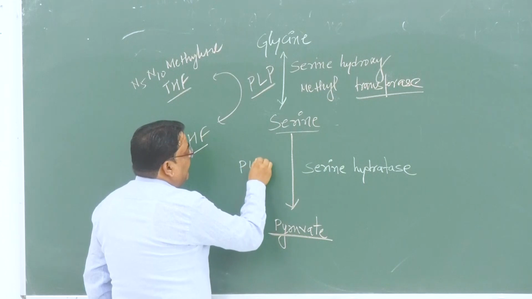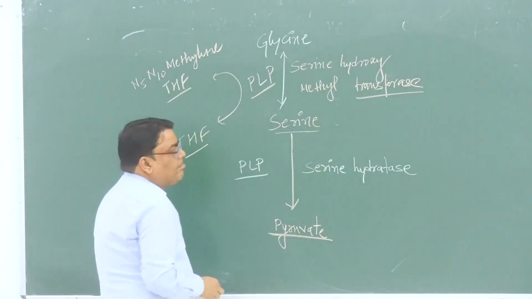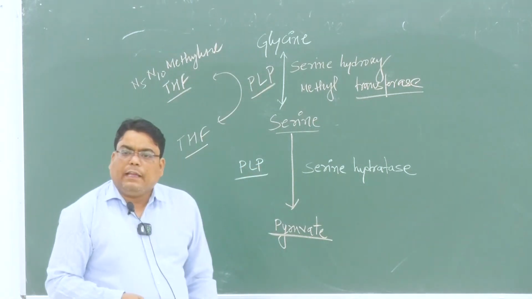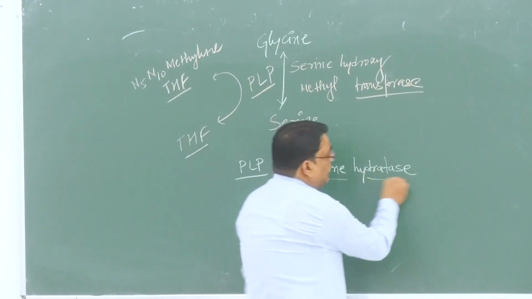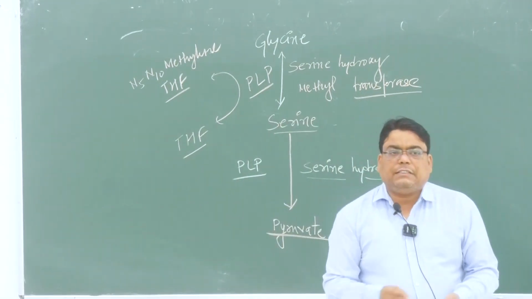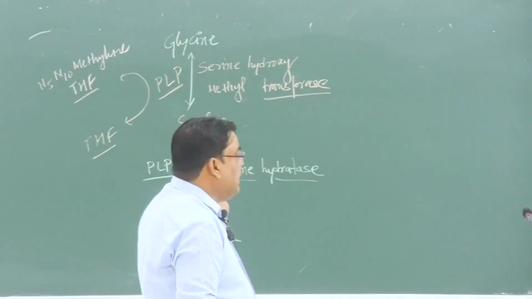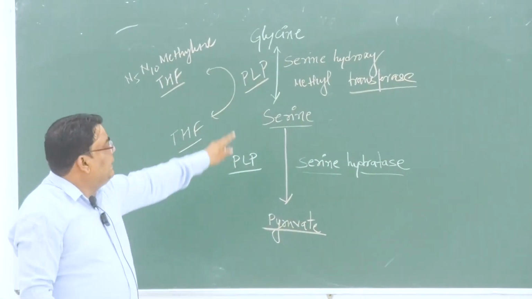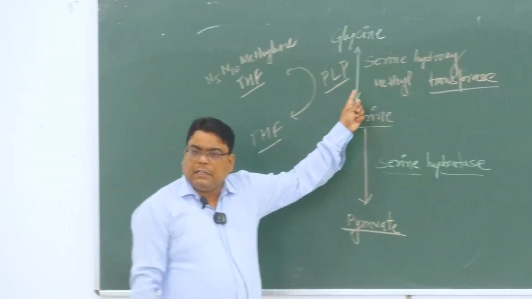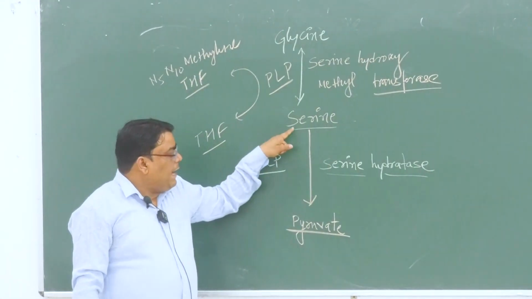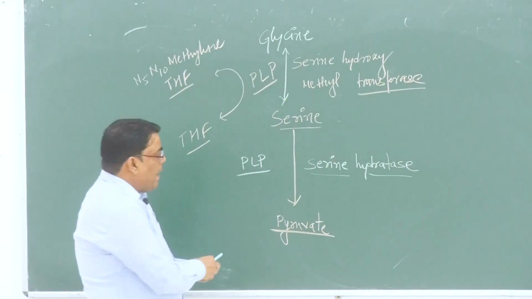It is a PLP dependent enzyme. Very simple, nothing too new in this section. That is, the hydroxyl containing amino acid serine is further catabolized. First it is formed by the metabolism of glycine. Serine is formed and serine further produces pyruvate.